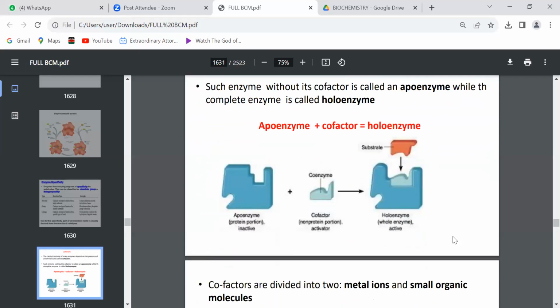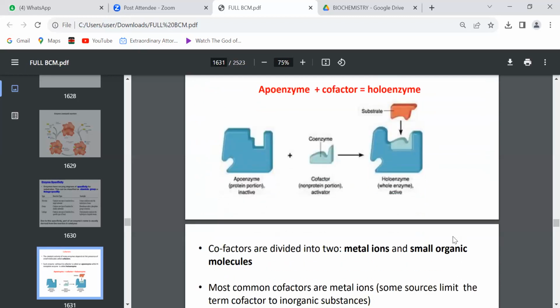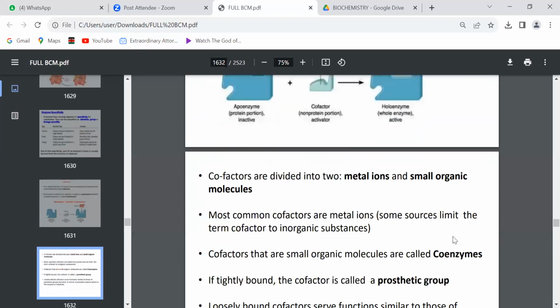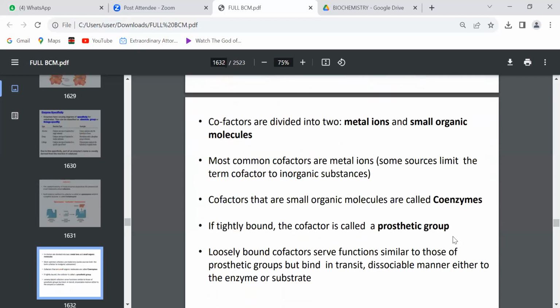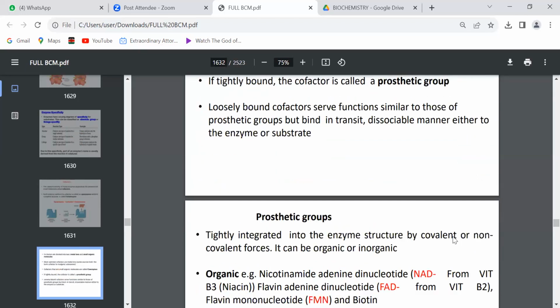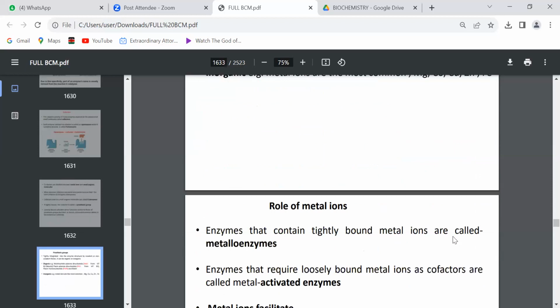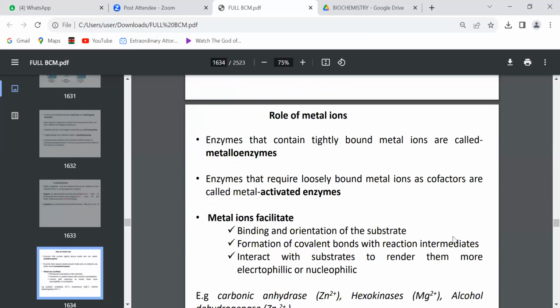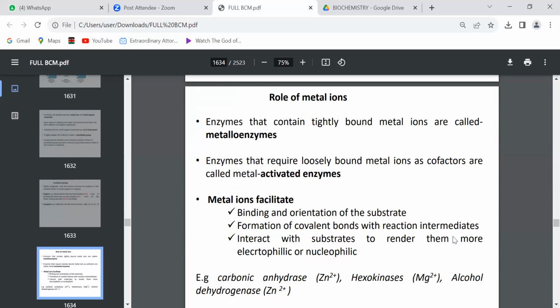Now these cofactors can be of different types, either metal ions or small organic molecules. For the metal ions, there are metalloenzymes, like zinc, which is needed by carbonic anhydrase, or magnesium for hexokinase.